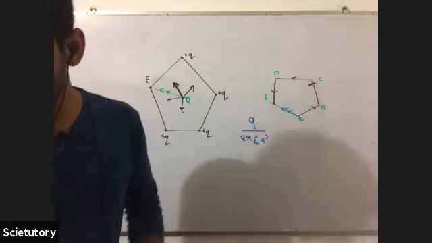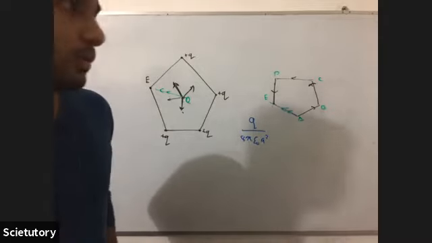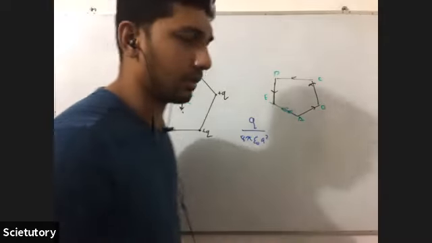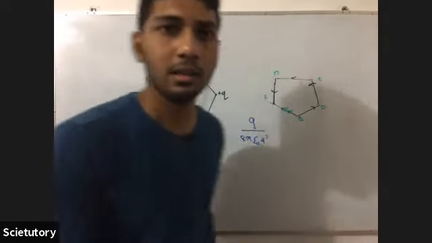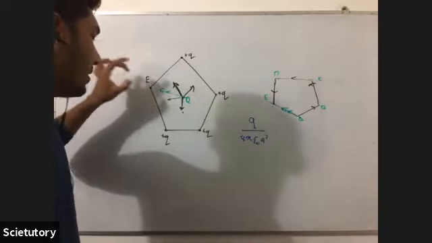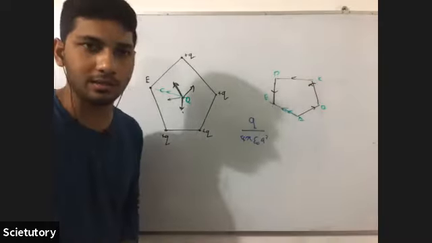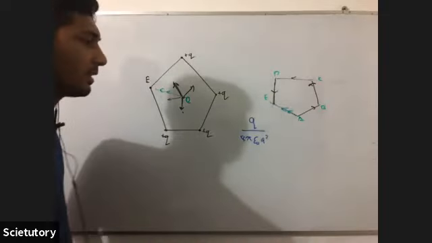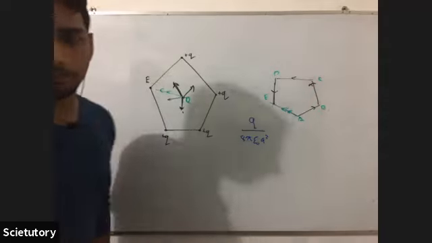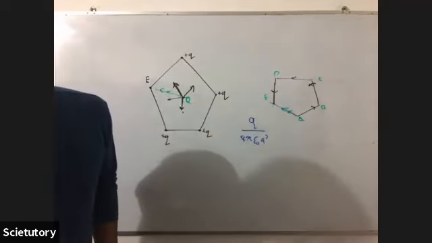You should know two things. One, if you have equal charges on the vertices of a regular polygon, the resultant will be 0. If you remove one charge from one vertex, the resultant will be through that particular vertex. Okay, the next question.